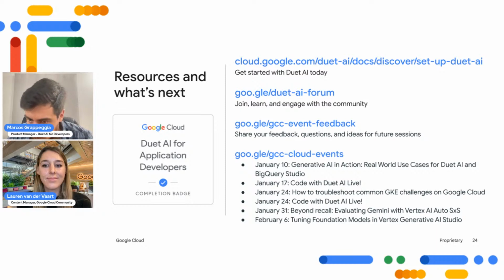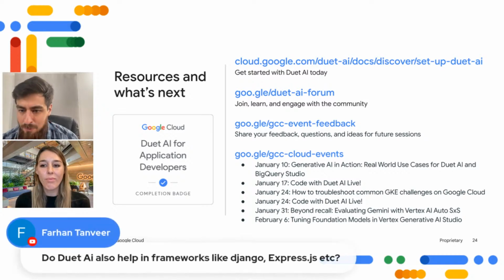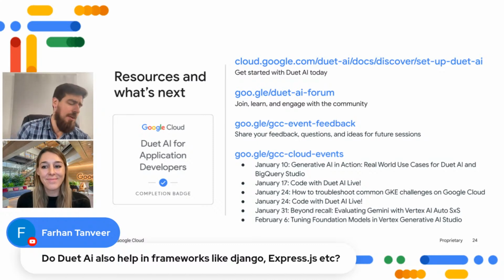Let's see, one more question from Farhan Tanvir. Does Duet AI also help in frameworks like Django, Express.js? Yes, it should help with those. I think the rule of thumb here is if a framework has good coverage from the open source community, meaning there are lots of repos written on that, it should get okay to good coverage on Duet.